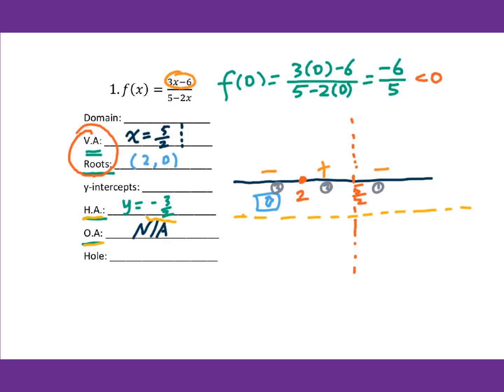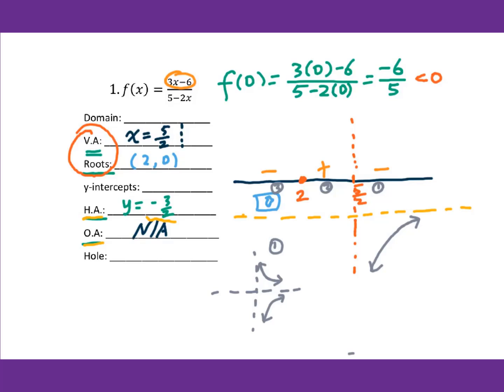For interval 1, let's check this vertical asymptote line. This is what this interval looks like. Either your graph is like this or this one. But check the sign. This has to be all negative. Therefore, this is what the graph looks like.